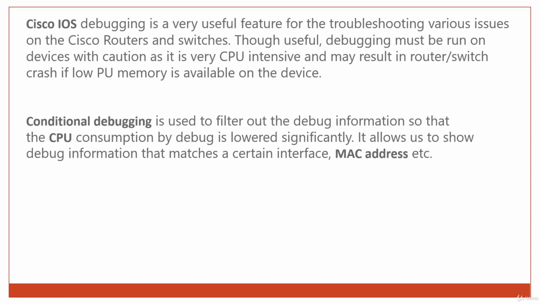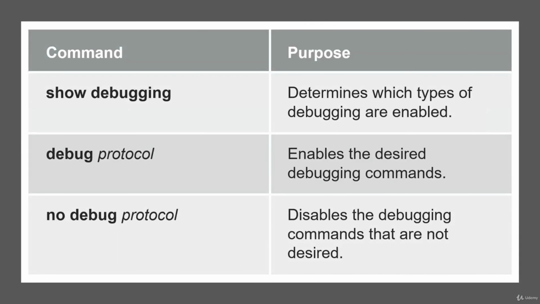Again, Cisco has given one nice option that we can use conditional debug as well. Conditional debug is a way that we can prevent or protect from the utilization of high CPU and memory. We have certain commands to do that, we'll go and check in the lab section.